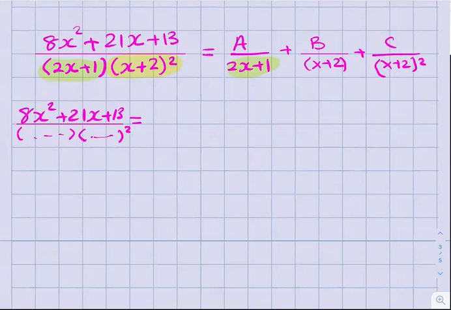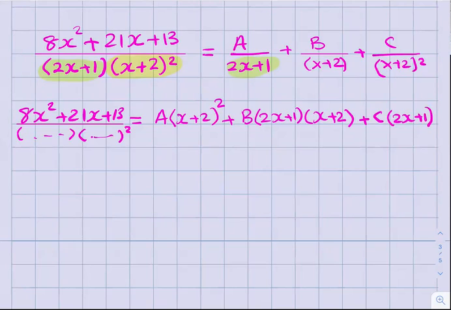It equals A multiplied by x plus 2 squared only, plus B multiplied by 2x plus 1 and x plus 2 to the power 1 only, because it already has the power 1, plus C, and C will be multiplied by only 2x plus 1.